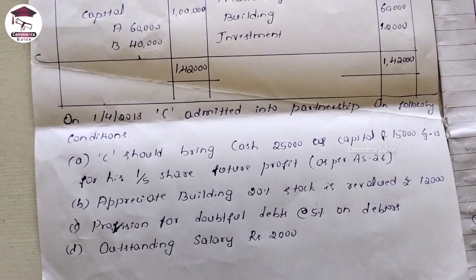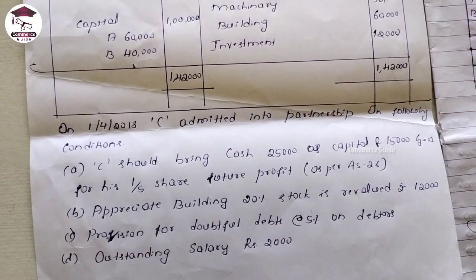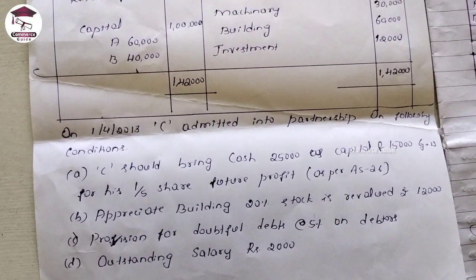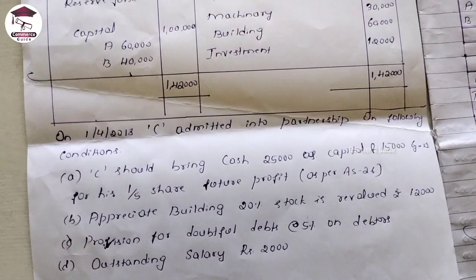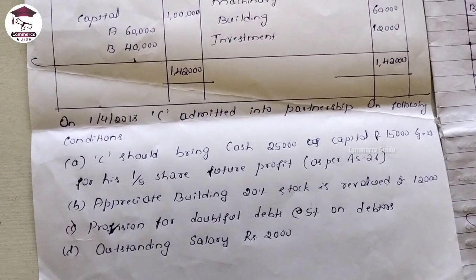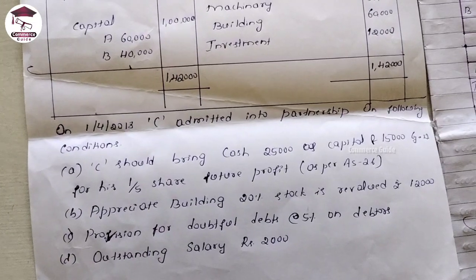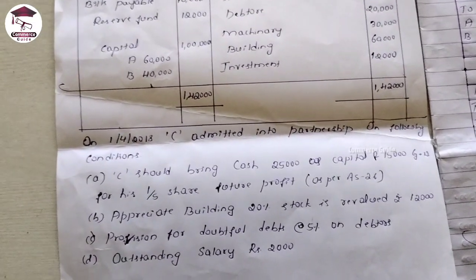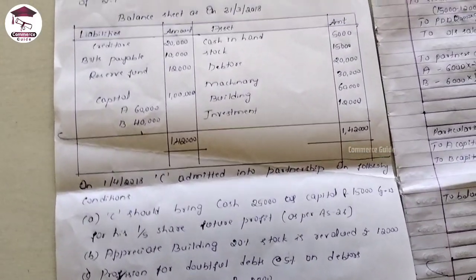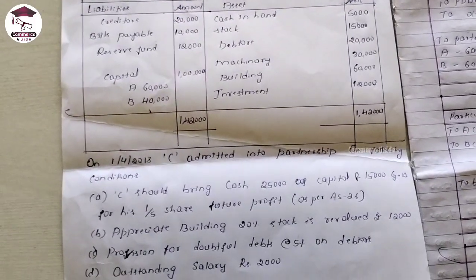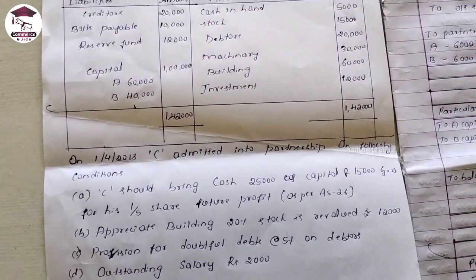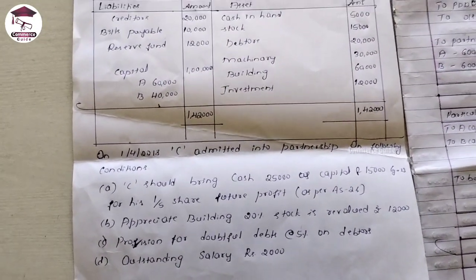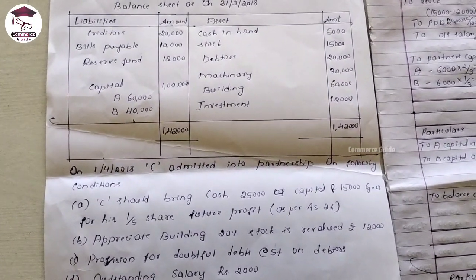Appreciate building by 20%, stock is revalued at rupees 12,000. Provision for doubtful debts at 5% on debtors. Outstanding salary rupees 2,000. In this we have to prepare the revaluation account, partners capital account, cash or bank account and the balance sheet. So first we need to prepare the revaluation account.